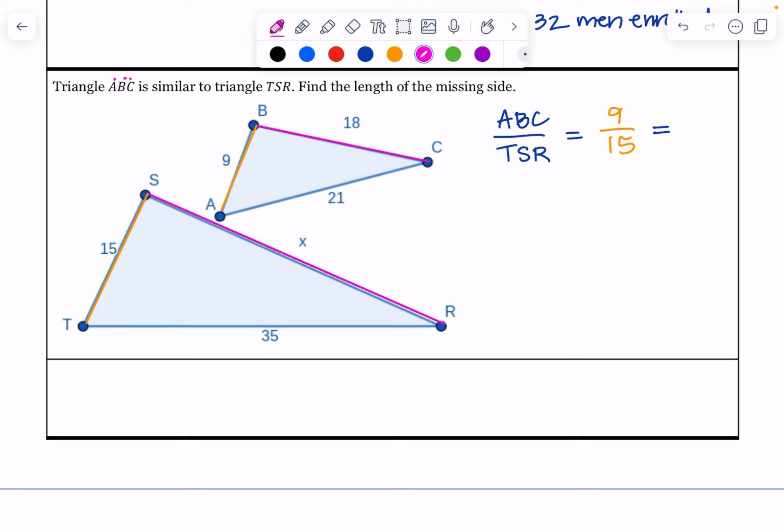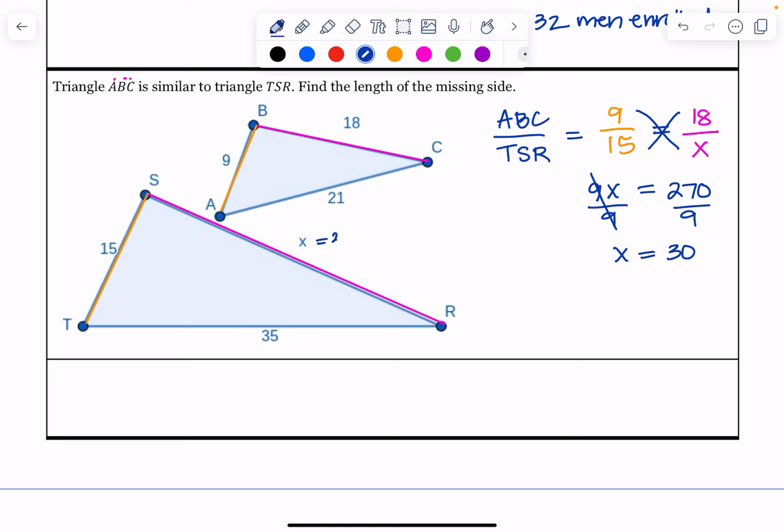On the ABC, we have 18 over, on the TSR, we don't know this length, so we're going to put x. From here, we cross multiply, and we have 9x is equal to 15 times 18, which is 270. Divide by 9, and we get x is equal to 30. So this missing length right here is 30.